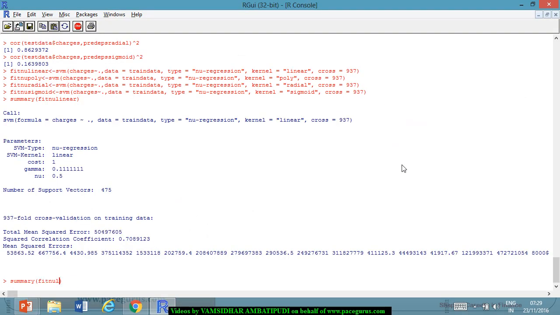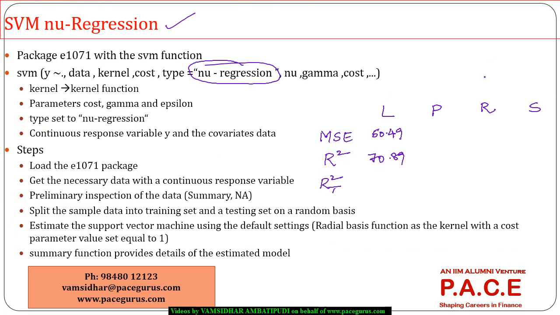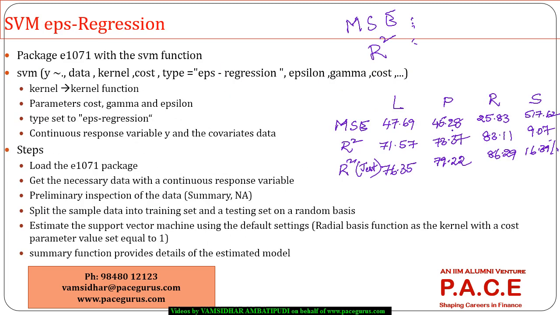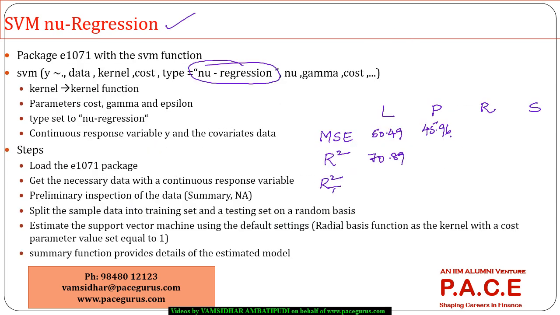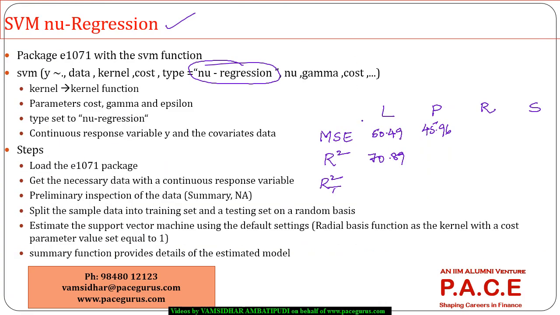But when we go ahead slightly in terms of looking at polynomial kernel here, the same logic, but a little bit of reduction again in the mean squared error. 45.96 million is the mean squared error. Even in the earlier case, it was 45.28 in the EPS regression. Here it is 45.96. R squared is working out to 73.44%, going out with the polynomial kernel.